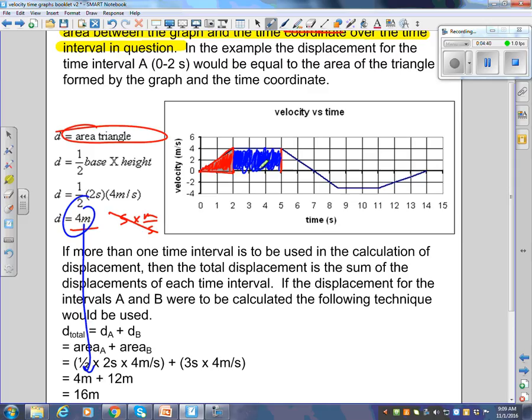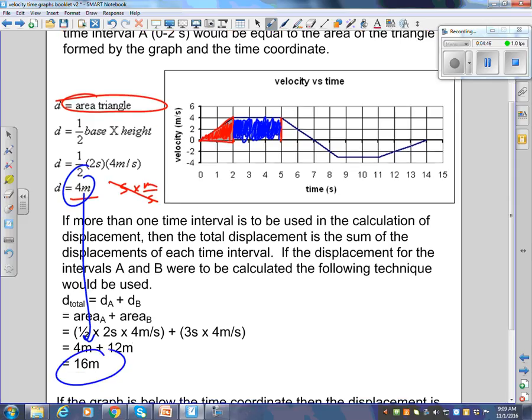So it's 5 minus 2 is 3, times 4 for the height is 12. So our total displacement then would be 16. Okay, the displacement here is 16. It's not particularly hard. We're finding the area of the triangle, and we're finding the area of the rectangle.